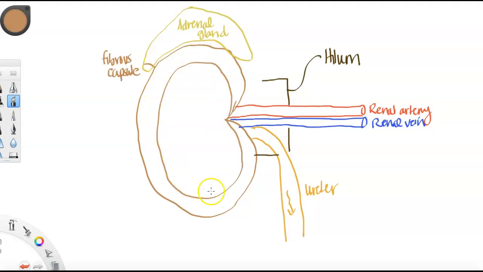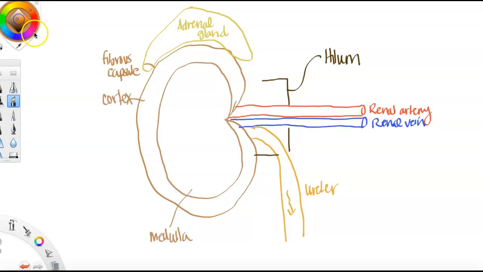Right? So there's an outer part of it called the cortex. Again, we've seen this sort of setup before. The inner part is the medulla. The medulla.